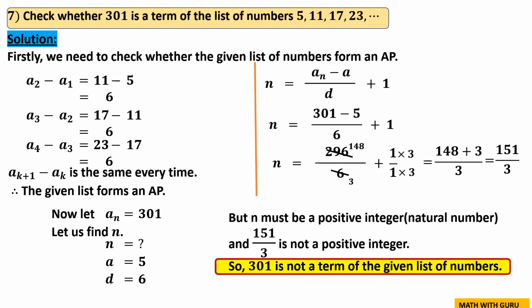But we have already seen that n must be a positive integer or natural number. But 151 over 3 is not a positive integer. Therefore, 301 is not a term of the given list of numbers.